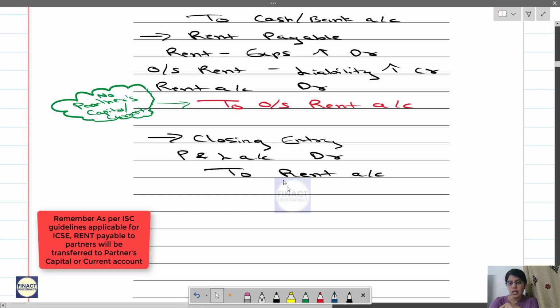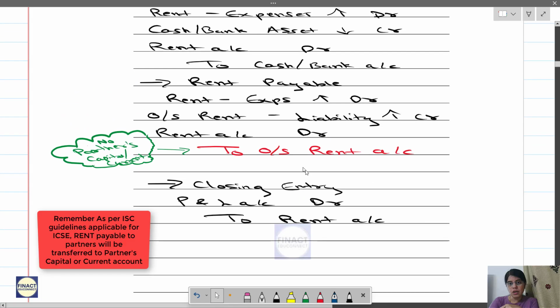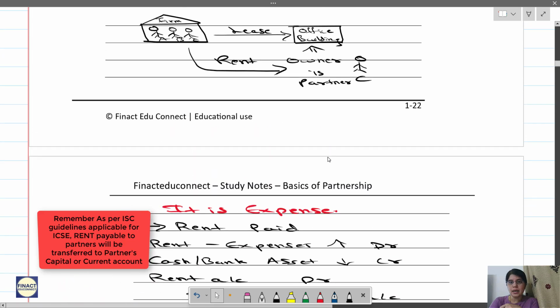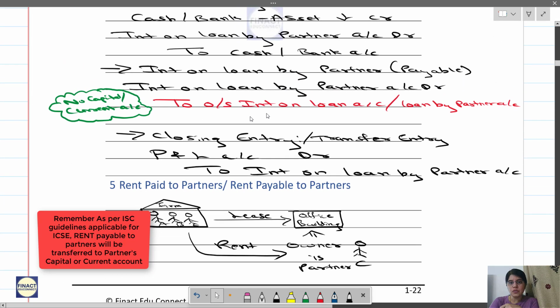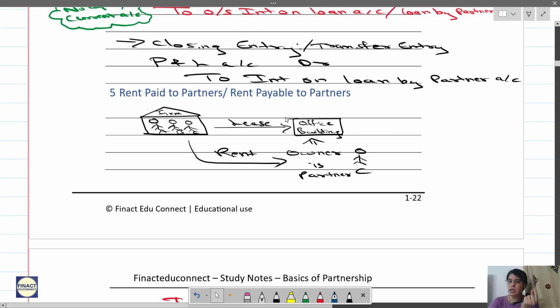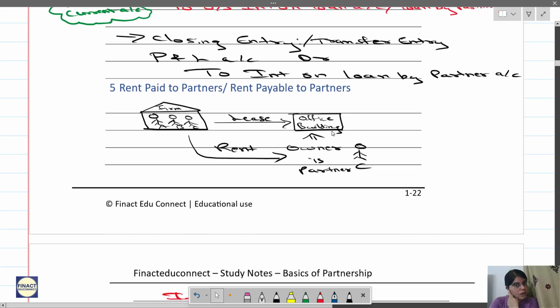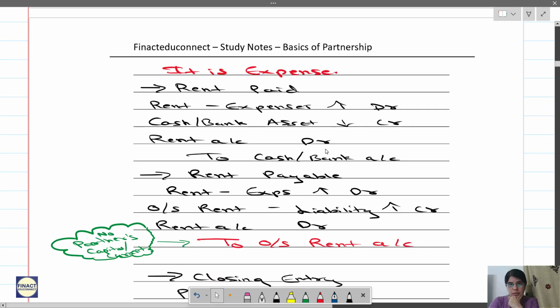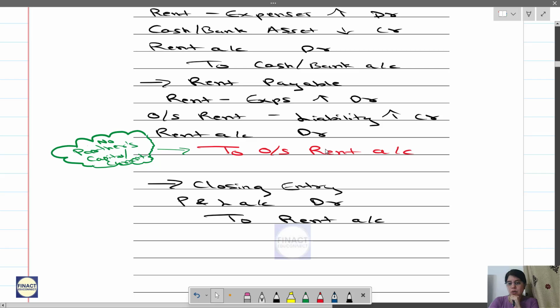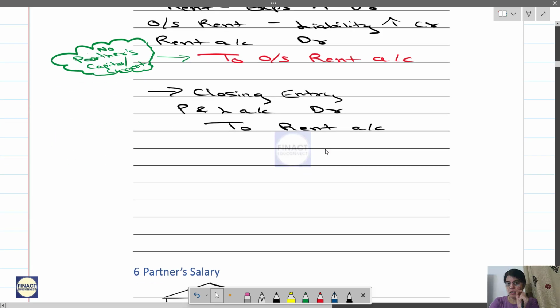We are not transferring the outstanding rent or the interest on loan by partner to partner's capital or current account. So you can link and remember that these two have to go in P&L debit, and we are creating a separate liability account for them, that is outstanding interest on loan and outstanding rent payable. We are not transferring it to partner's capital account. That way you can relate and remember it.